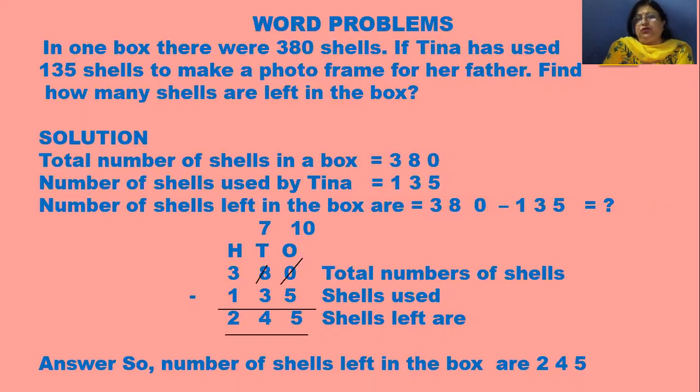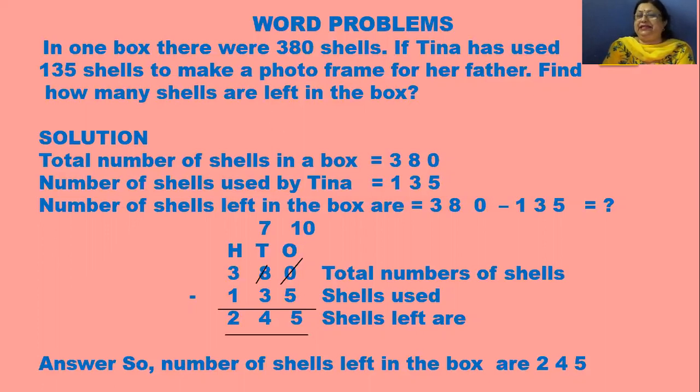380 equals the total number of shells. 135 are the shells used. Now the number of shells left are, we can't minus 5 from 0, so we are going to borrow, go to next door, and 0 will become 10. Very nice. So 10 minus 5 will be 5. That's great.